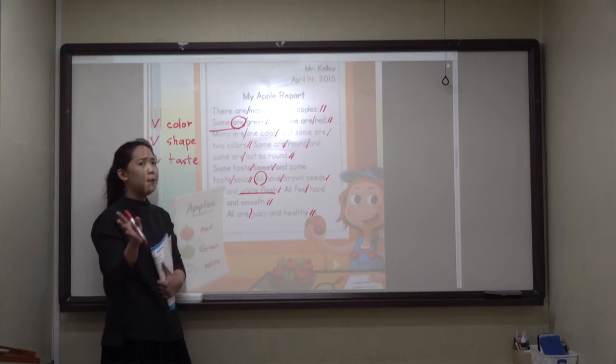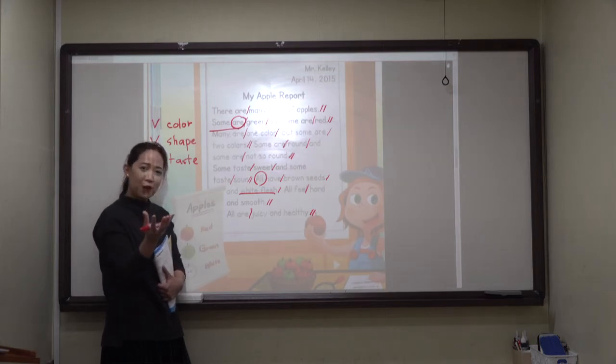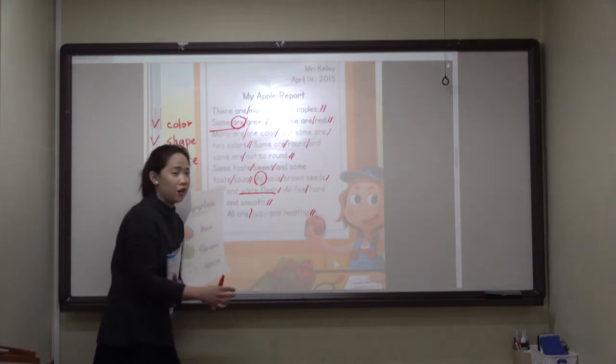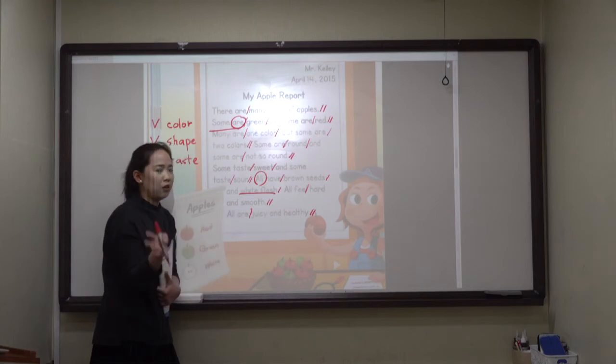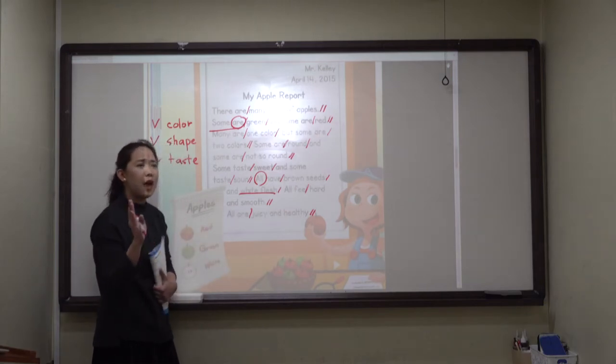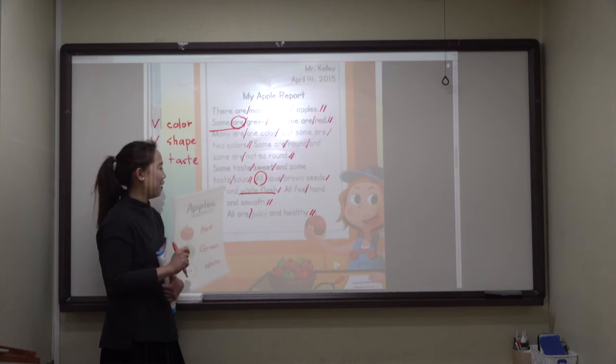No. If an apple is soft, then that is already rotten, okay? That's a bad apple already. If it's fresh, then it has to be hard and smooth. There is no rough apple, even Korean apples or even apples from any other countries. Every single apple is smooth, okay?